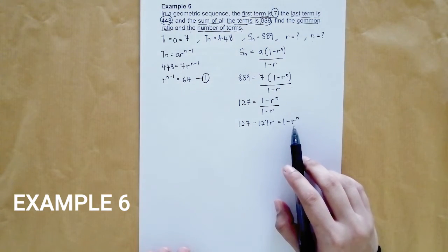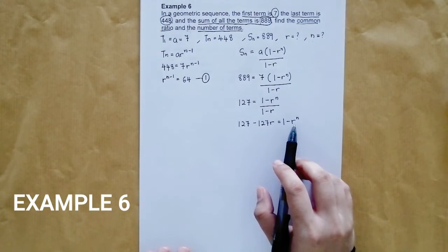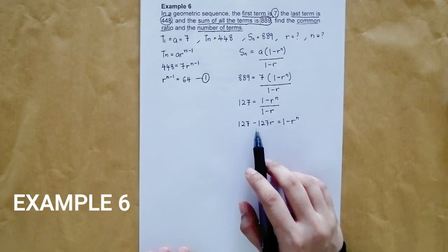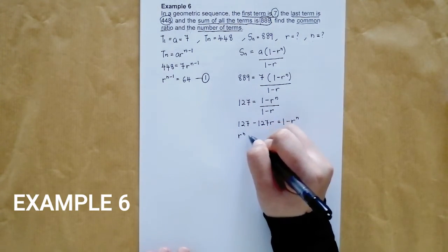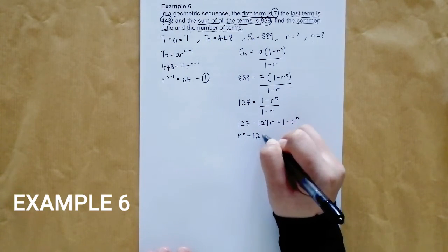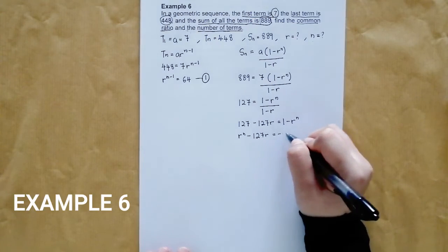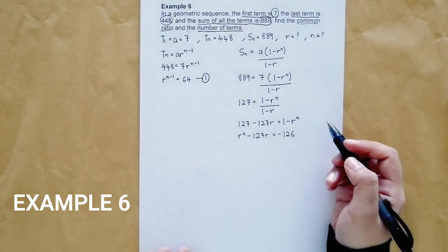Alright, now rearrange with the terms with R on the left hand side and the ones without R on the right hand side. So we have R to the power of n minus 127R equal to negative 126.